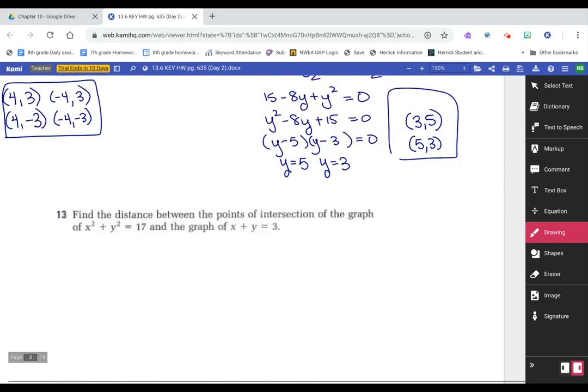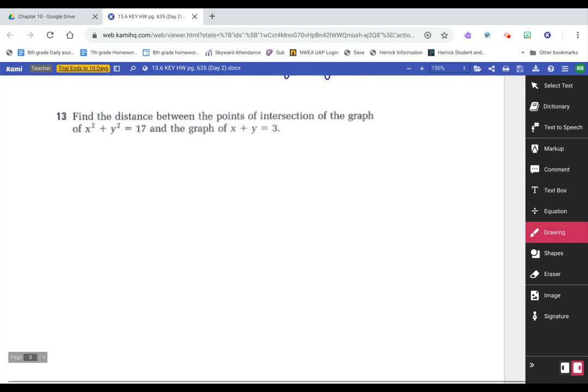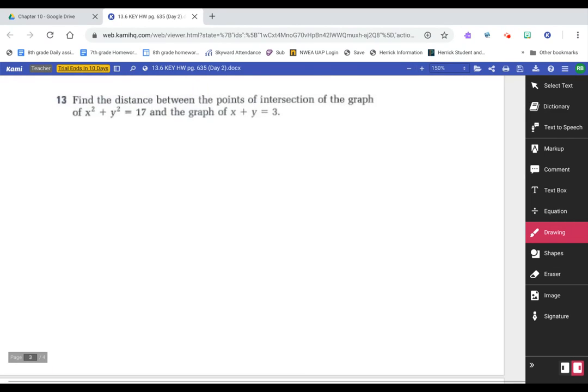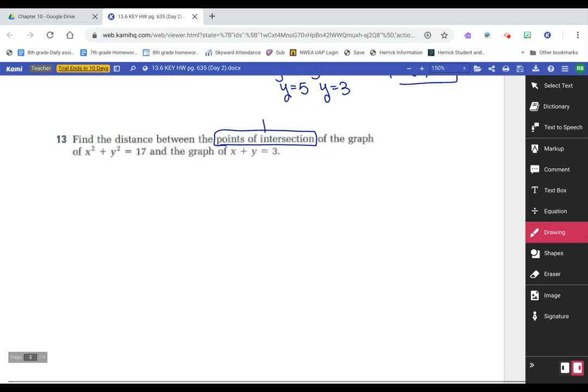Okay. For number 13, you are going to find the distance between the points of intersections. So the points of intersections are just going to be what you did for number 12, because that's the solution of the system.